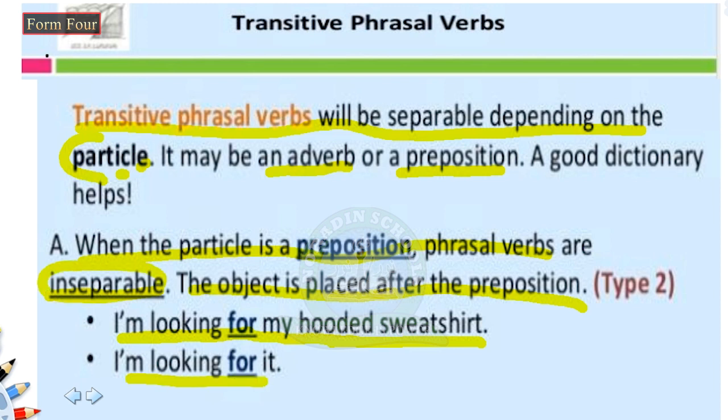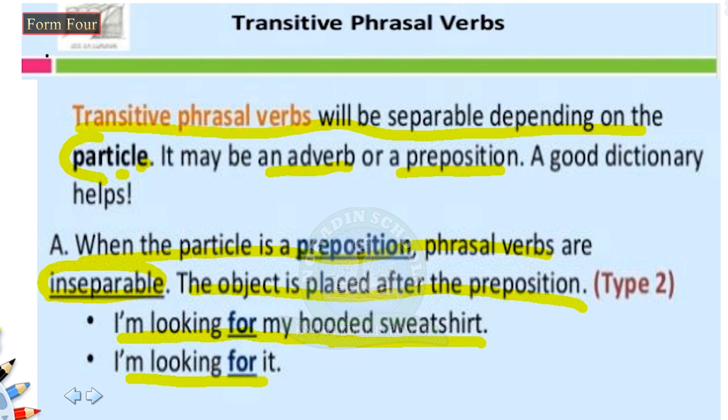Say, I'm looking for it. Don't say, I am looking it for. Do not put it or my heated sweatshirt in between the verb and the for, look and for. It's incorrect to say, I am looking my heated sweatshirt for.